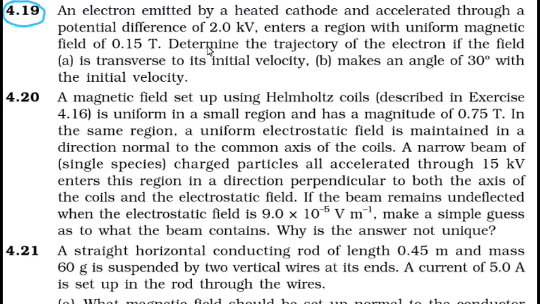An electron emitted by a heated cathode and accelerated through a potential difference of 2 kV enters a region with uniform magnetic field of 0.15 T. Determine the trajectory of the electron if the field A is transverse to its initial velocity, B makes an angle of 30° with initial velocity. Let us see the solution.